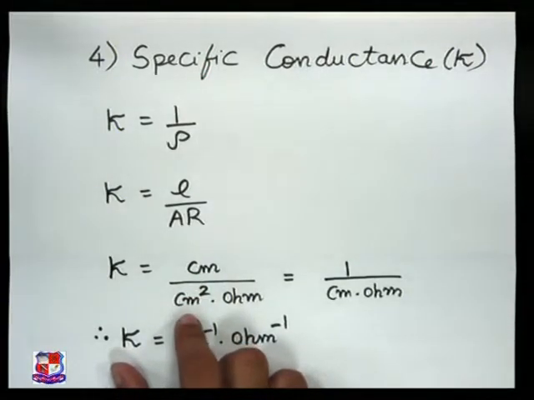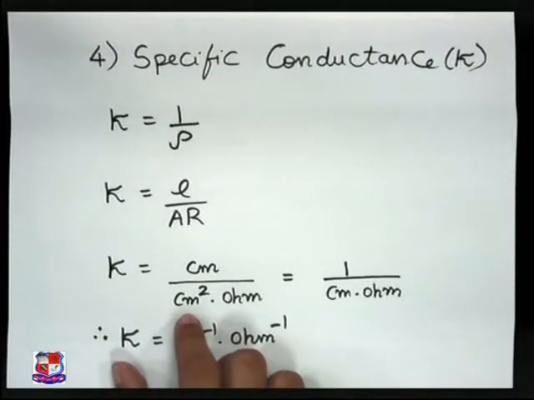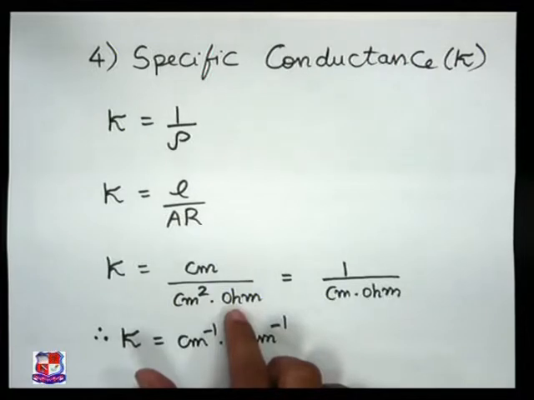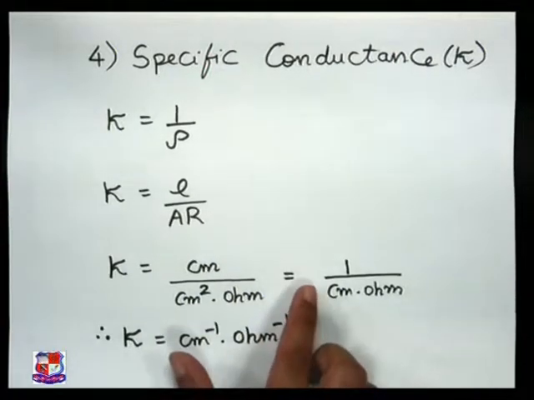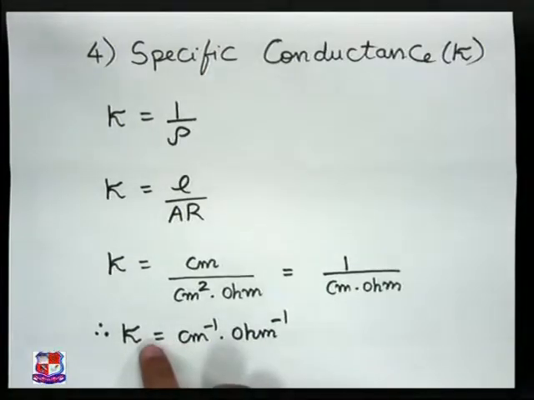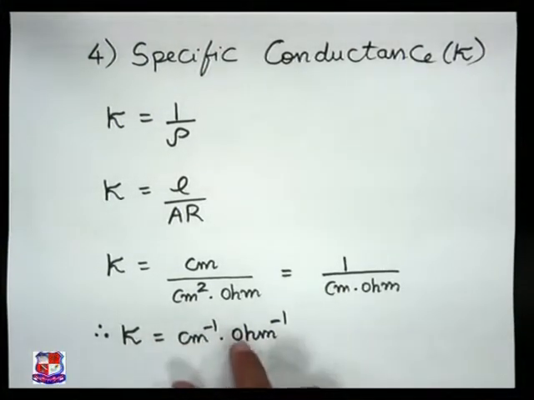A is the area of the conductor, expressed in centimeter square. R is the resistance of the conductor, expressed in ohm. So this equals 1 upon centimeter dot ohm. So you can write specific conductance kappa equals centimeter inverse ohm inverse.